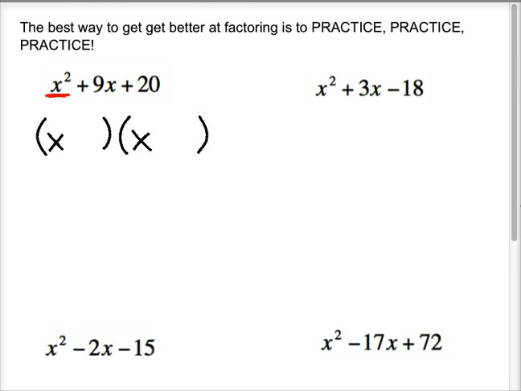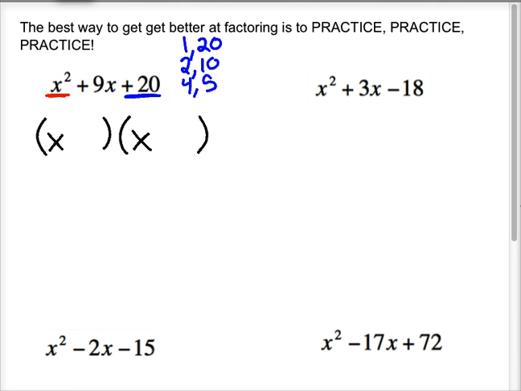How do I get 20? Well, to get 20, I need 1 times 20. I could do 2 times 10. I could do 4 times 5. Now, if these aren't coming that naturally to you, you can always use your calculator to check the numbers that divide 20.